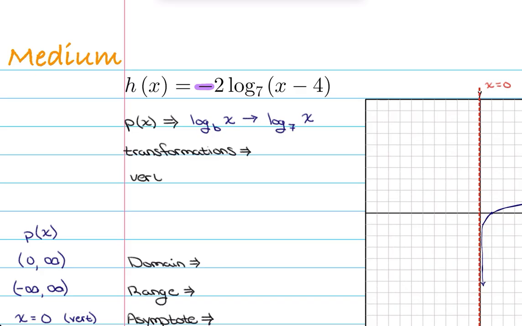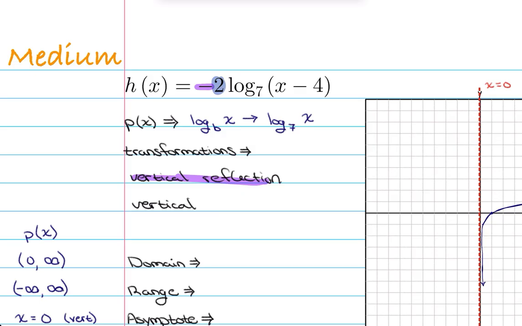This is going to be a vertical reflection. Then the next thing that I see is this 2 right here. Again, it is acting on the logarithm as a whole. It's not acting on just the x. So we know that is also going to be vertical.